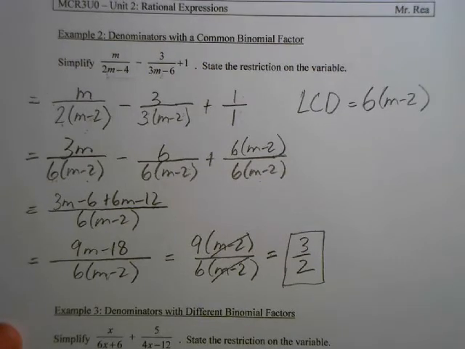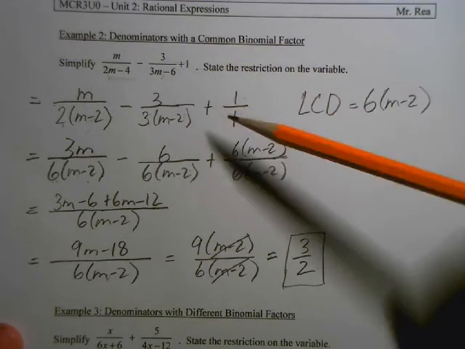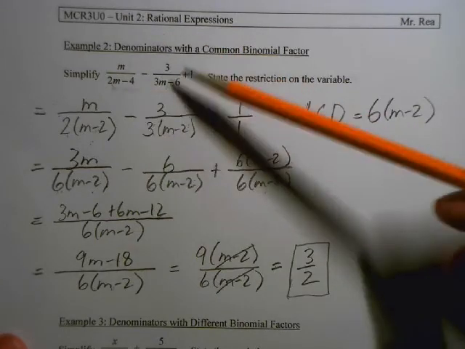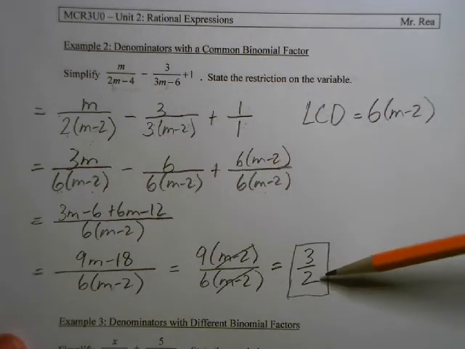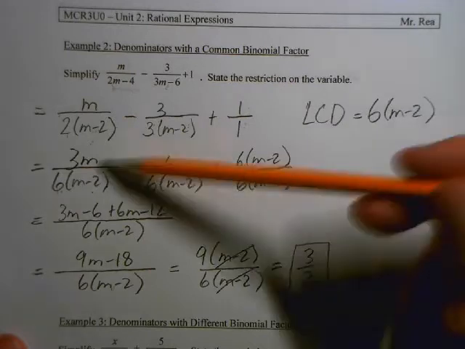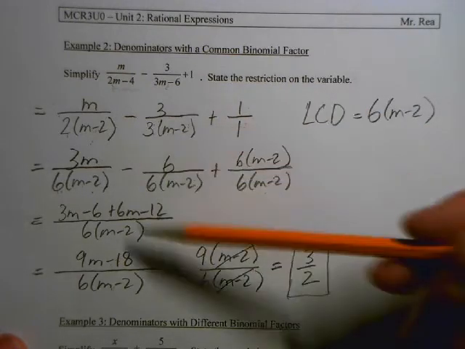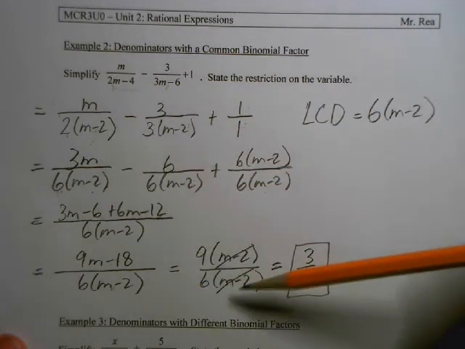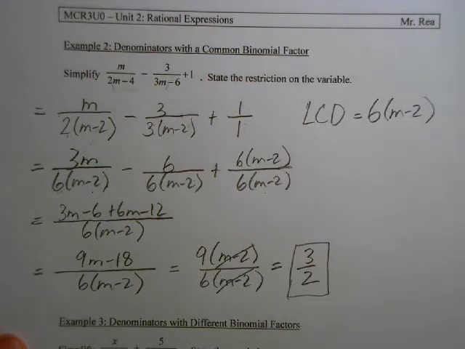Okay, so that's quite surprising sometimes when you see what you started with and see what you end up with. But you can see we did everything correctly, and things canceled out in the end, and we're just left with a rational number 3/2. Now, you may look at that and go, well, I guess there's no restrictions because there's no variable here.